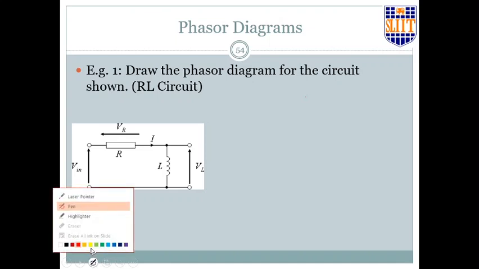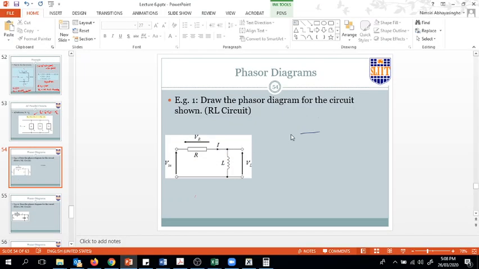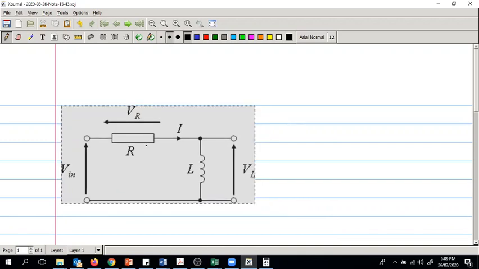Let's use green, maybe a darker color, to represent the reference, that is I. So this is our circuit, right?